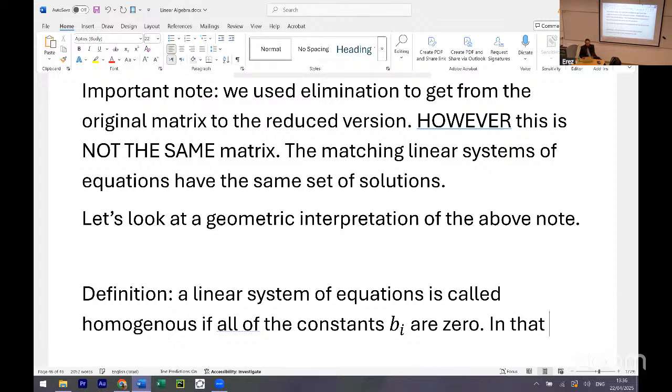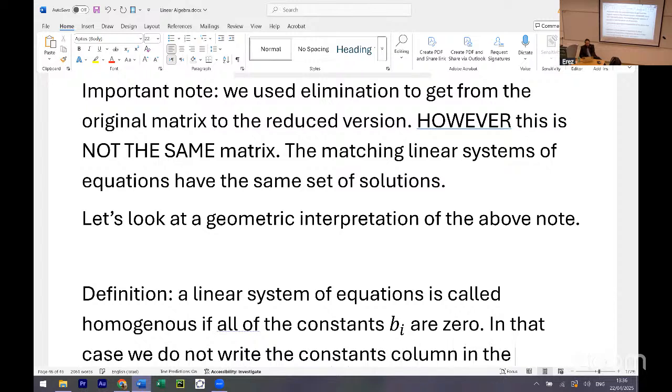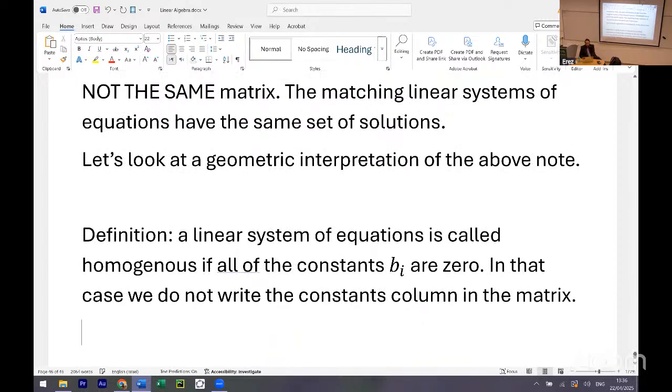In that case, we do not write the constants column in the matrix. I'll give you an example.